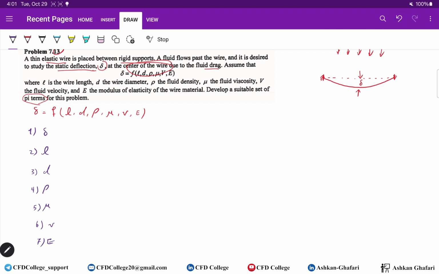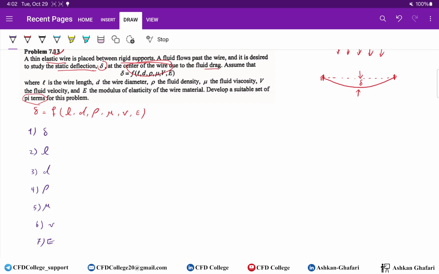So we have 7 variables, 7 parameters. Actually, we call these 7 parameters that we have dimensional quantities.